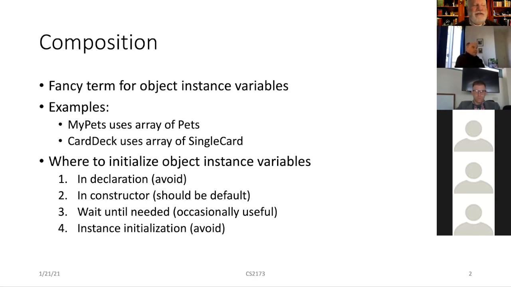Remember the is-a relationship. If I'm a subclass of something, then I have an is-a relationship with them. So a poker deck is a card deck. Yeah, I get that, and that's why I was confused.